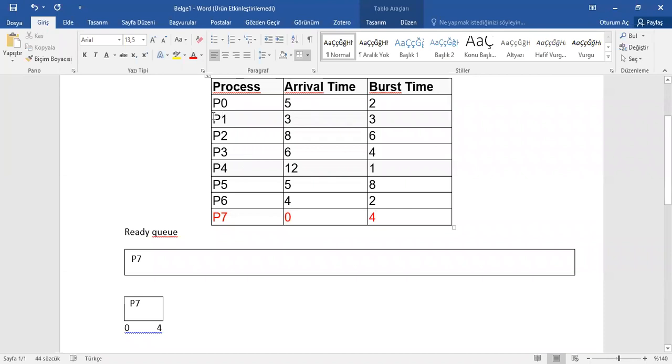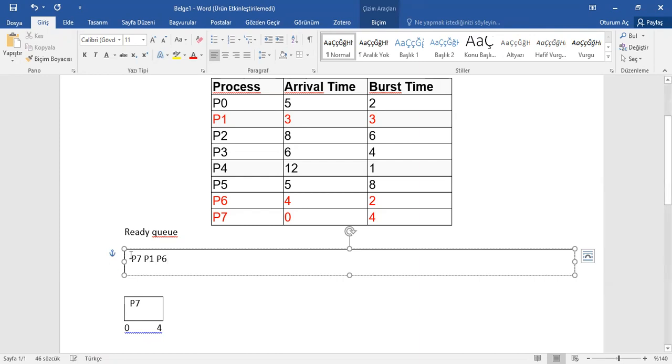So process 1 and process 6, arrived at time 3 and time 4. So just after P7, I will write process 1 and process 6.